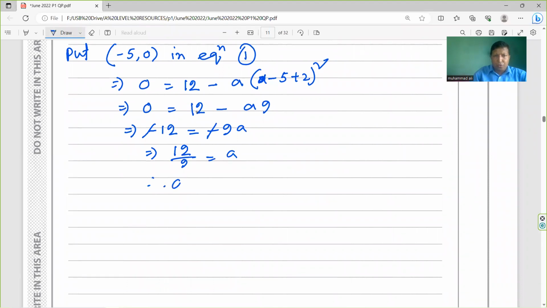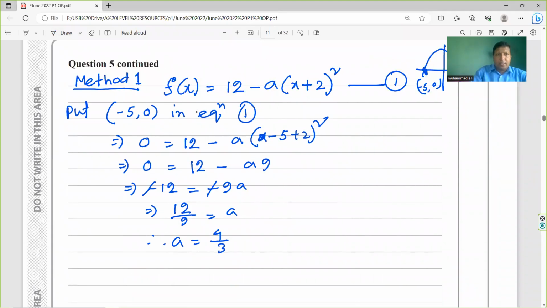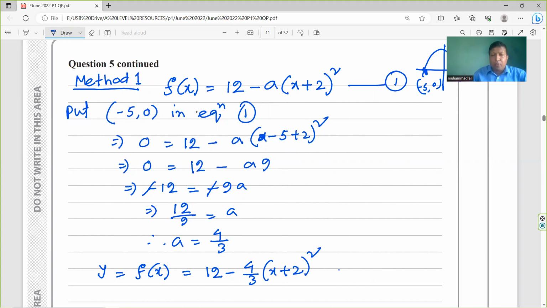So a equals 4 by 3. So we can put 4 by 3 in equation 1. So the curve will be y equals f(x) equals 12 minus 4 by 3 (x plus 2) whole square. So this is one method to find the quadratic curve.